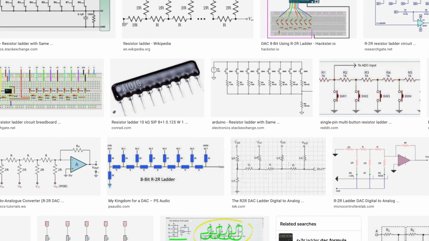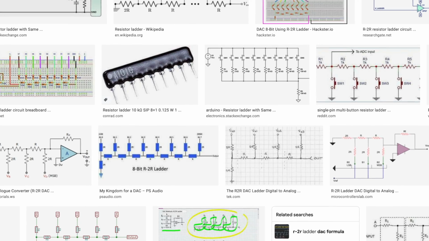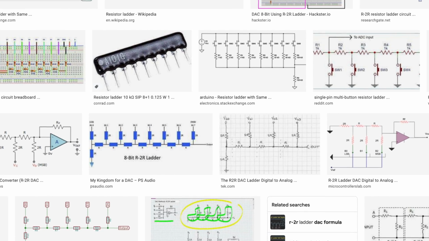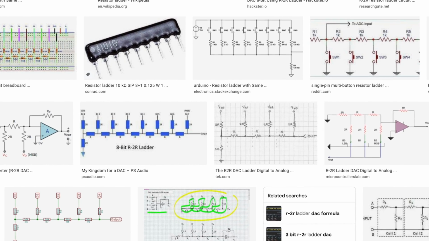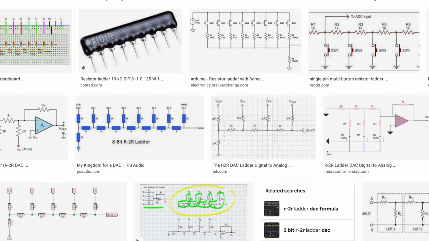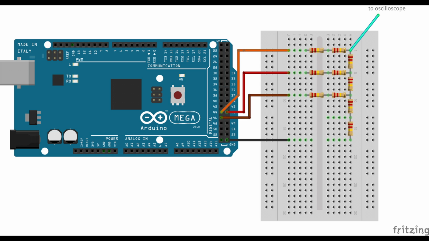A resistor ladder is a circuit in which data lines are connected to resistors arranged in such a way that changing the high-low states of the data lines affects the voltage in the circuit. The digital bits, from the least significant to the most significant, are weighted in their contribution to the output voltage.